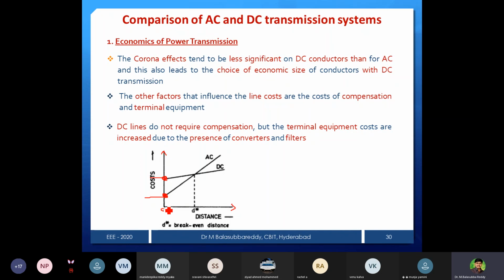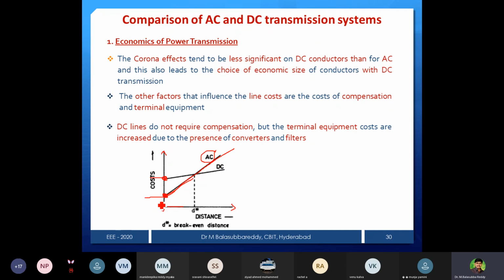And then you can see, as you increase the distance, the curves will vary like this. What is the observation on the AC side? If distance is increasing gradually, the cost of a transmission line also is going to increase proportionately.